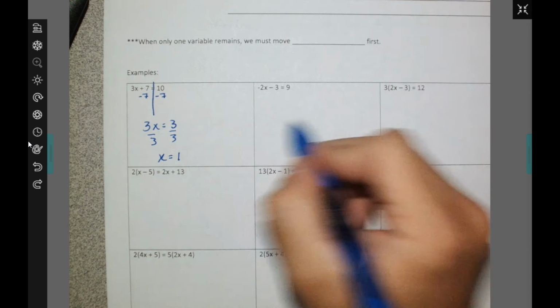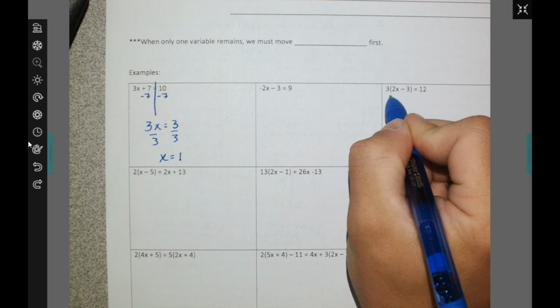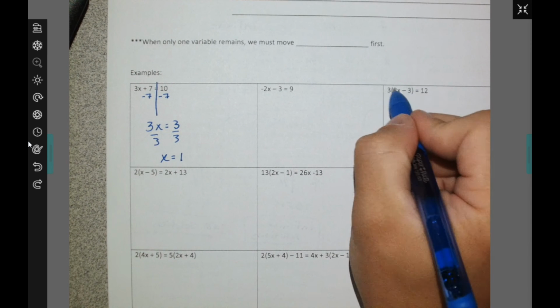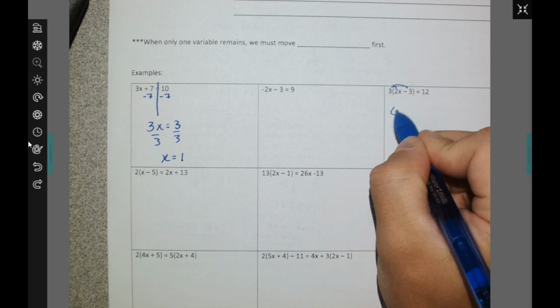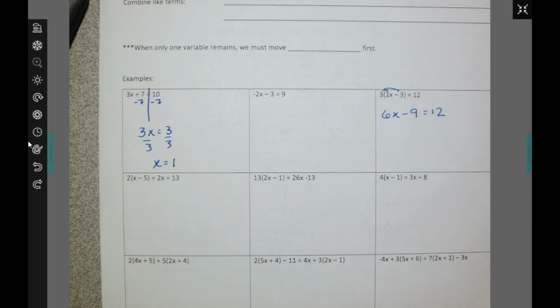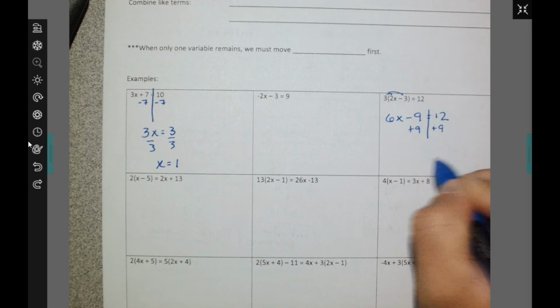Moving on, I'm going to skip this and go to the third one. Whenever you have parentheses, you have 2 options here. You can either distribute in or divide each side by 3. I'm going to distribute the 3 in to get 6x minus 9 equals 12. From there, to get x by itself, you add 9 to each side.